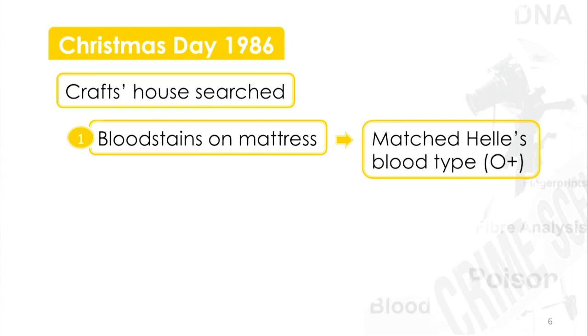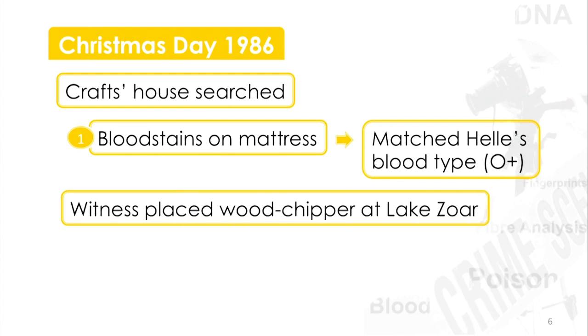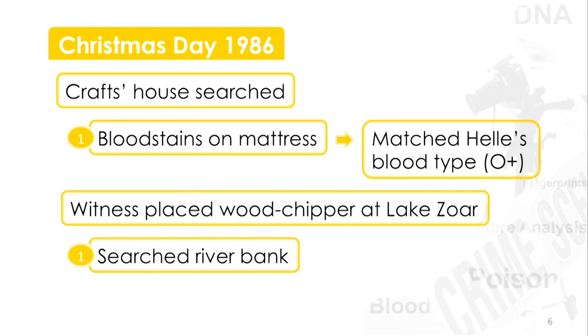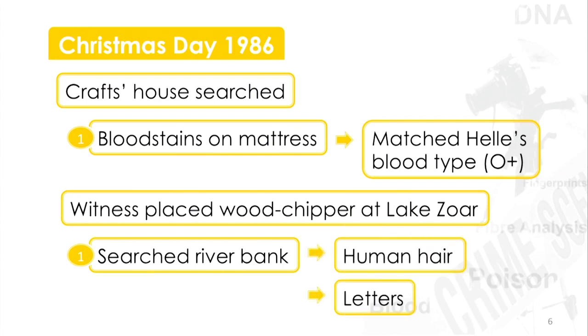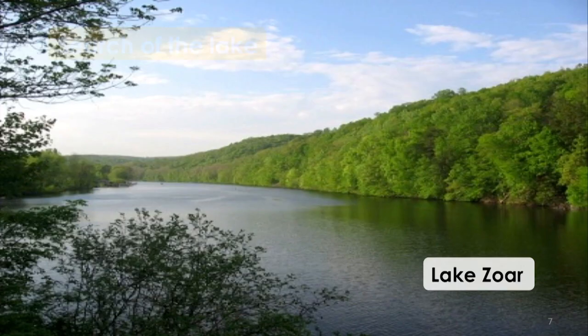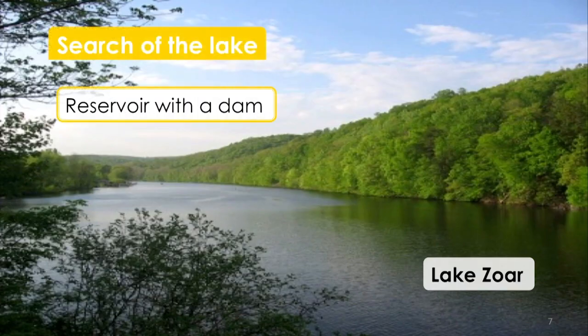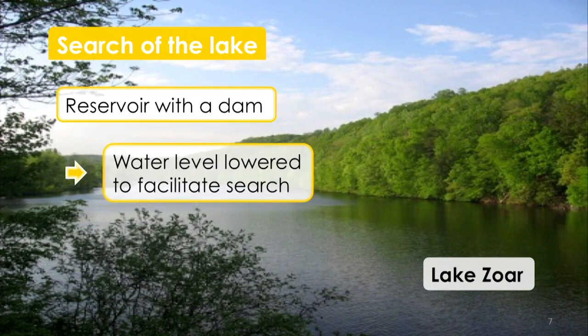Now they had the witness placing the woodchipper down on Lake Zoar, so they searched the riverbank around the lake, and they found some human hair, they found some letters, and then they decided to search the lake. Now this is not a real lake, it's a reservoir with a dam, so the people who managed the dam arranged it so that the lake level was lowered and the thing could be searched more easily.